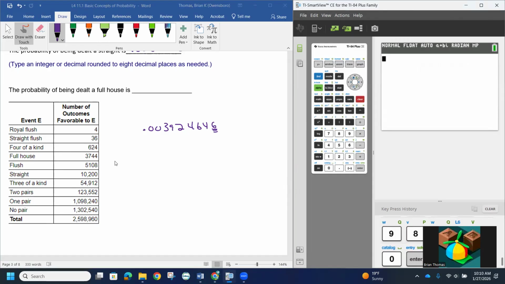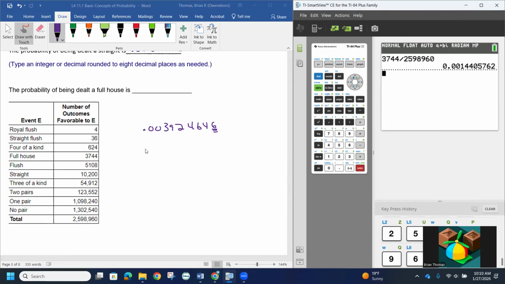So the favorable outcomes for a full house is going to be this 3,744. And then we're going to divide it by the total of outcomes altogether, which again is this 2,598,960. Again, no commas, please. The commas just help me read it.